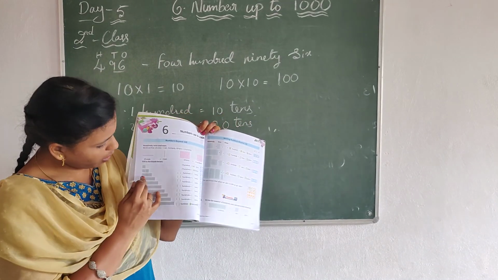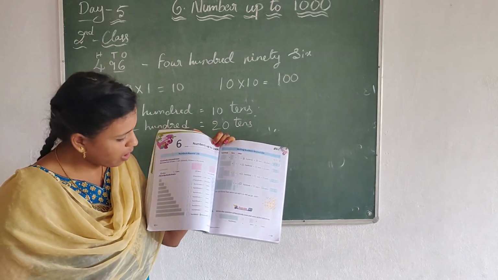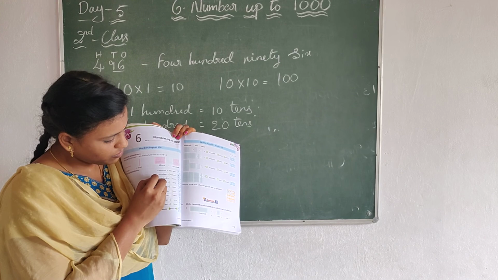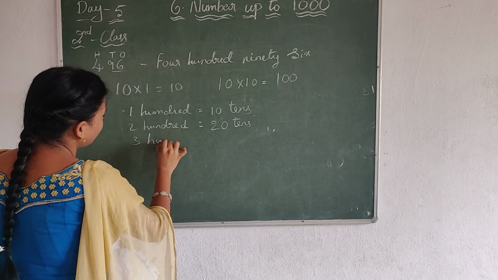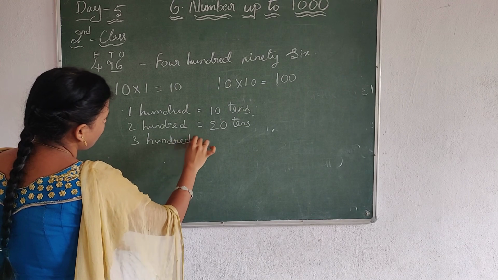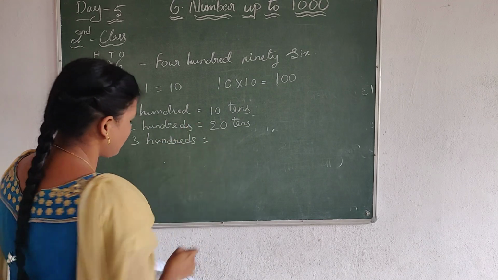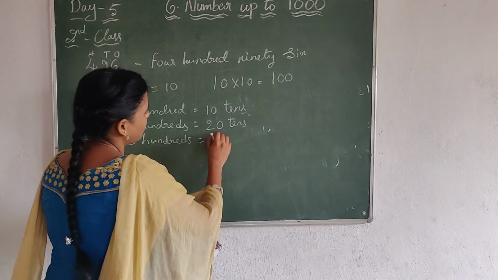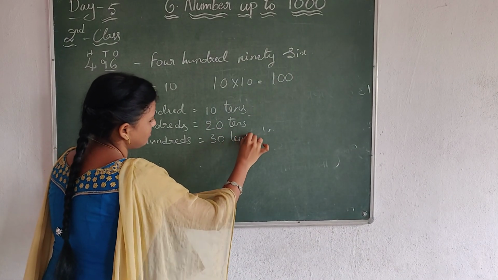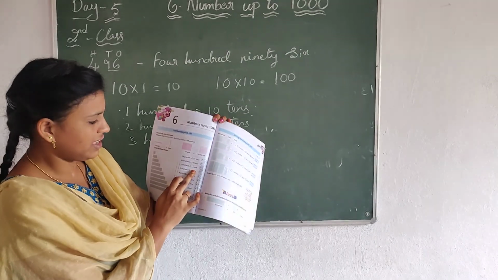Let's see, how many boxes does it have? 3. So how many hundreds? 300. 300 equals 10 plus 10 plus 10, which is 30 tens.